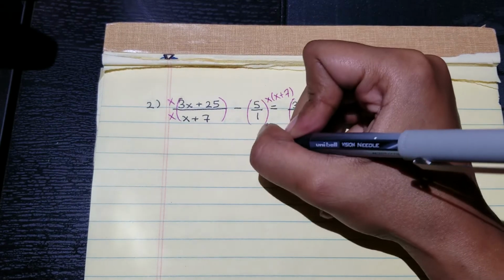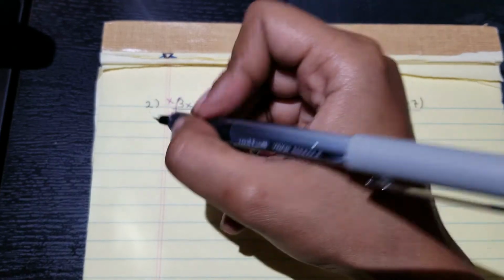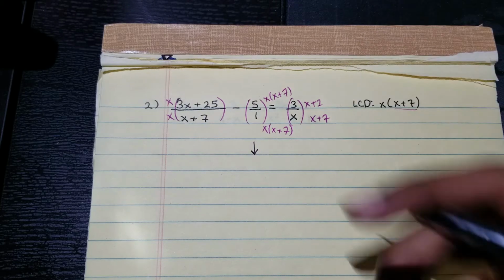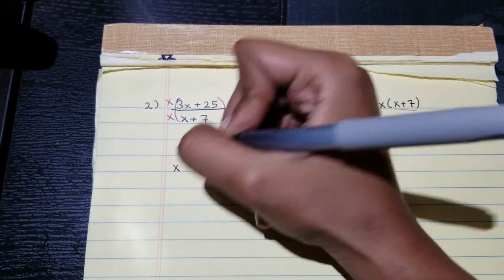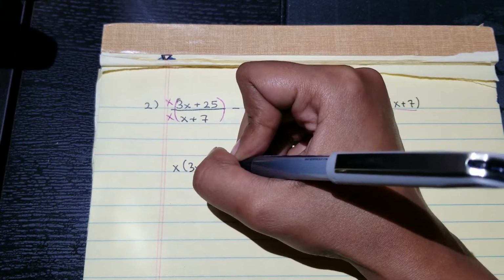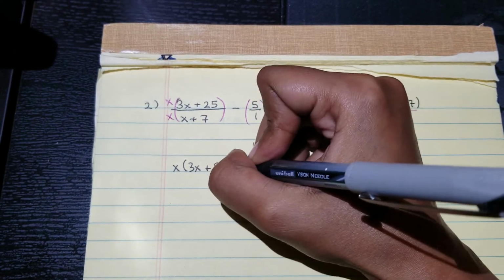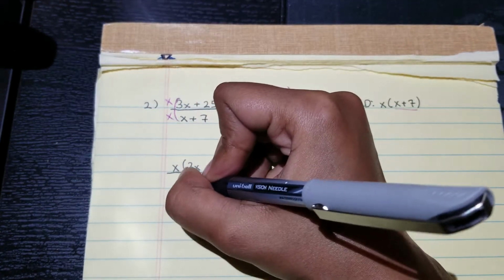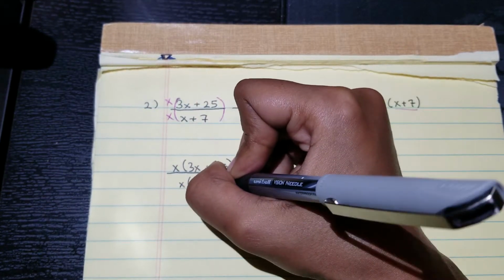Alright then, when we do that, don't distribute anything yet. You want to do that later on. If you distribute mid-solution, you're most likely going to end up confusing yourself with what needs to be canceled out or simplified, and it's just going to have you repeat steps or do more steps than you really need to.